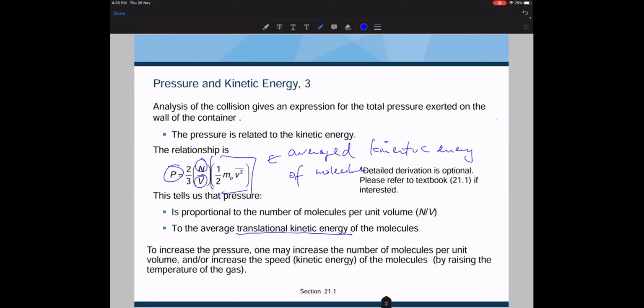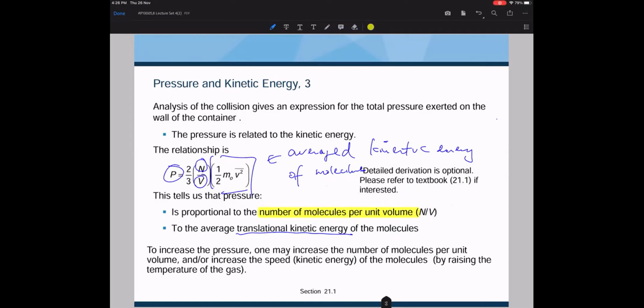Remember, 1/2 mv squared. So the pressure, as you will see in this equation, is proportional to N over V, the number of molecules per unit volume.